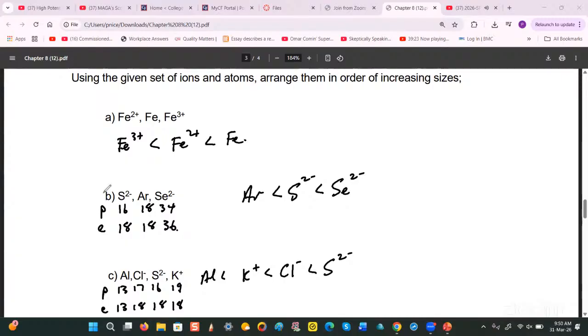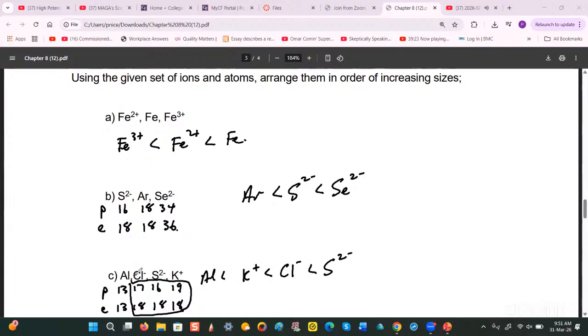All right, so let me clear this. What I did first was I identified these as the isoelectronic series, meaning that they have the same number of electrons, right?